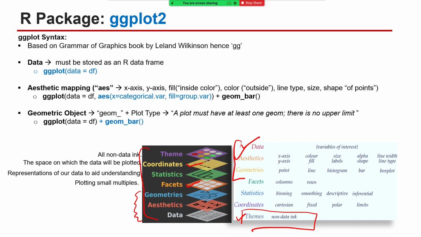Whether you want to see the graph in two parts, I want to see the histogram of female salary separately and the male's salary separately, so I can use the facets object. If I want to change the theme, which means the background of the graph, then we can use the theme object.